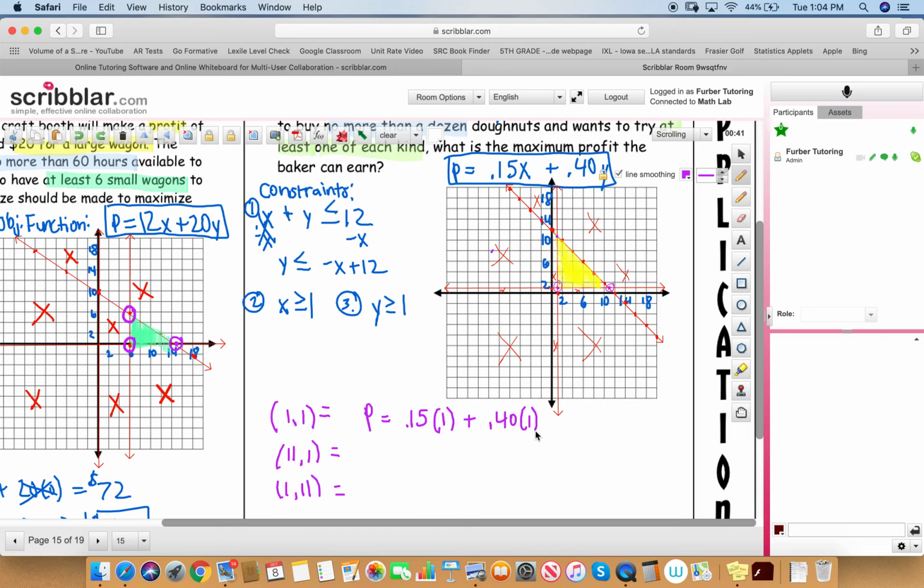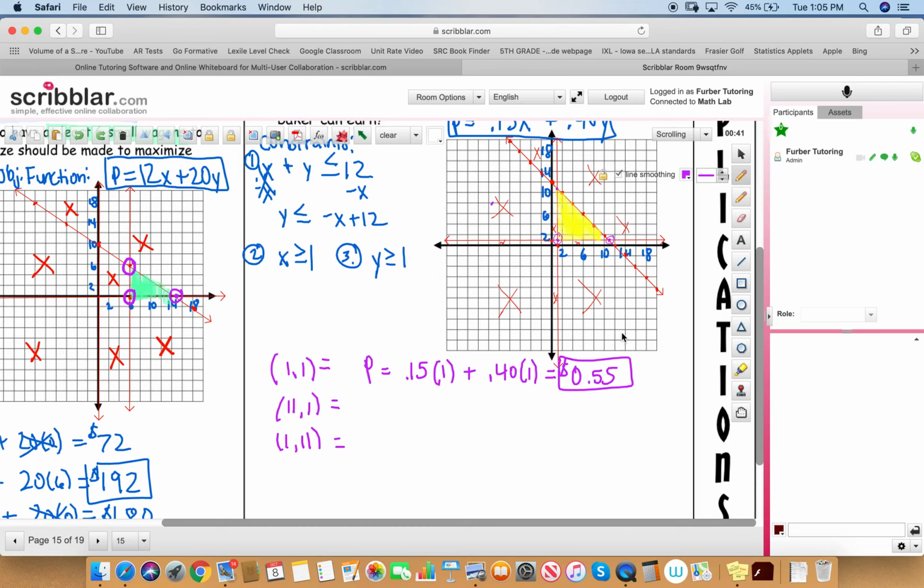Well, obviously the baker's not going to make very much. That's 15 cents, that's 40 cents. So he's only going to make about 55 cents if the customer only wants to try one of each. He's hoping that the customer's still going to do a dozen and just do it in some different increments, hopefully buying more jelly donuts because jelly donuts make more profit.